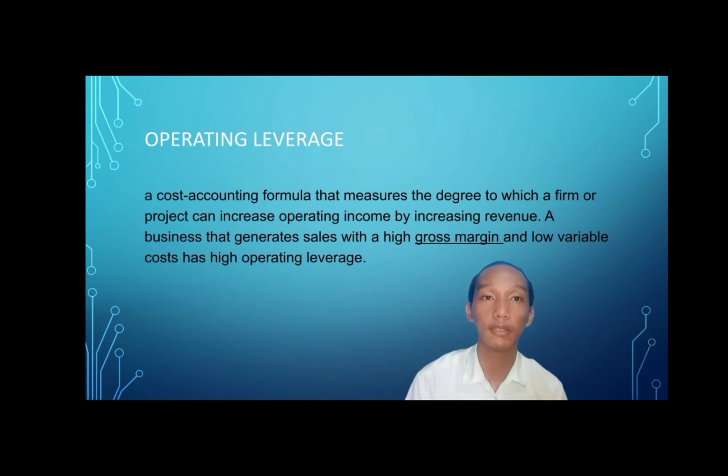Low operating leverage companies may have costs that vary directly with their sales but have lower fixed costs to pay monthly. So I have here an example of operating leverage.